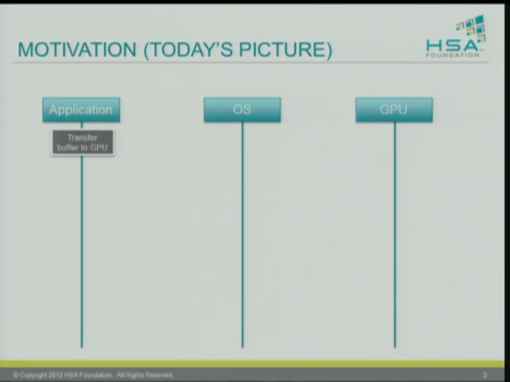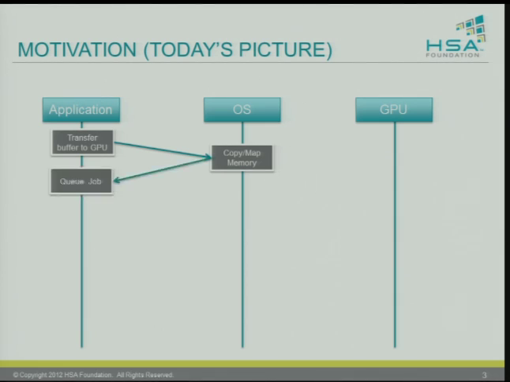I want this to go to the GPU. Then the operating system has to do various machinations to make sure the GPU can see that data. Maybe it's doing a copy from one region of memory to another. Maybe it's playing some remapping tricks, who knows. But at some point, it completes, and then it tells the application, yep, okay, your data has been transferred.